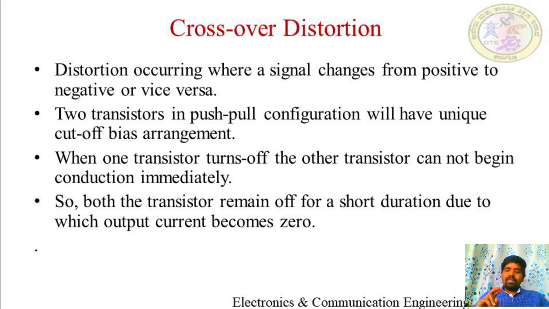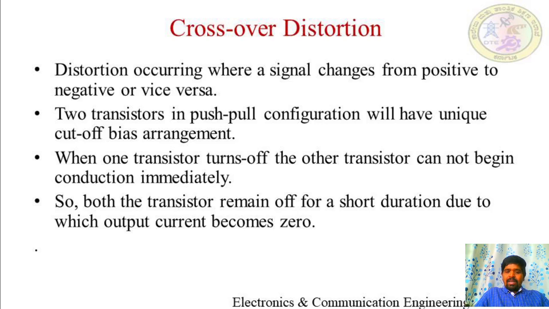One transistor produces the positive half cycle and the other produces the negative half cycle, but unfortunately they are biased in the cutoff region. That means one transistor conducts for the positive half cycle and turns off once it reaches the zero crossing, and the second transistor starts conducting in the negative half cycle after the zero crossing.